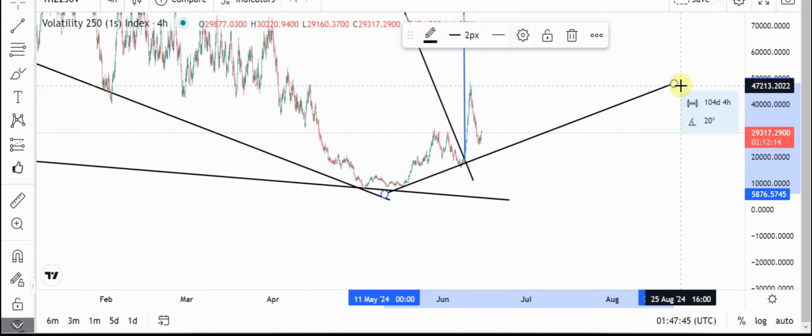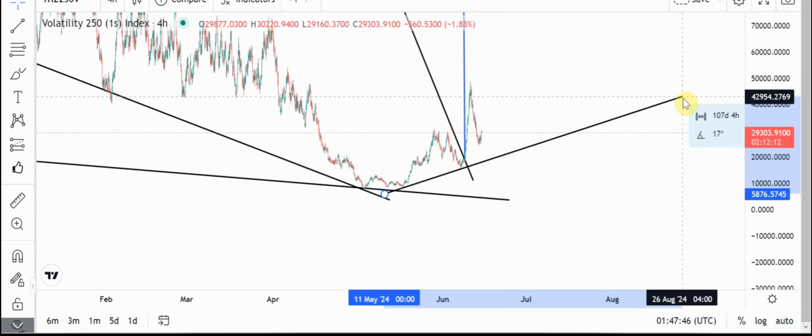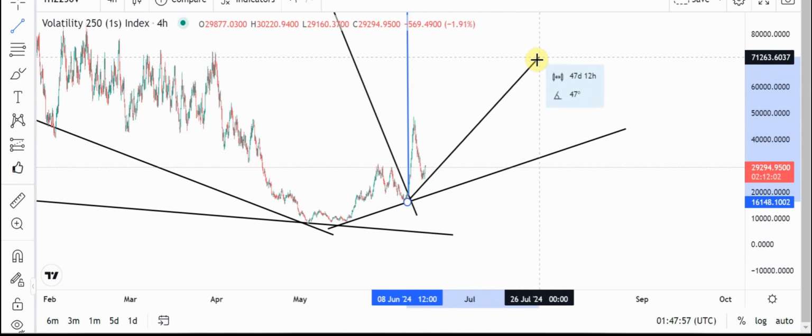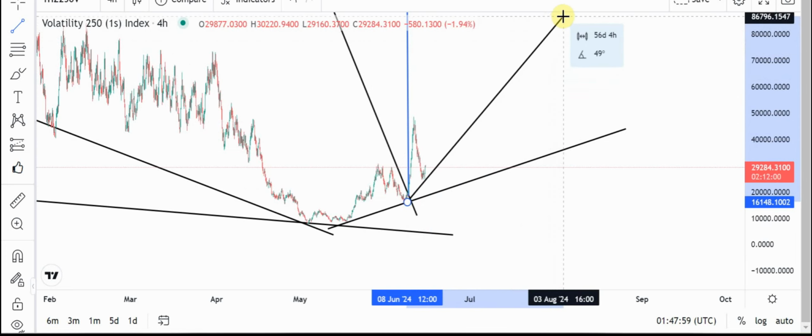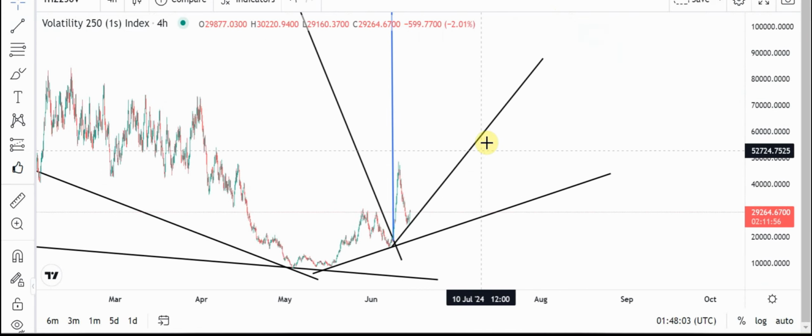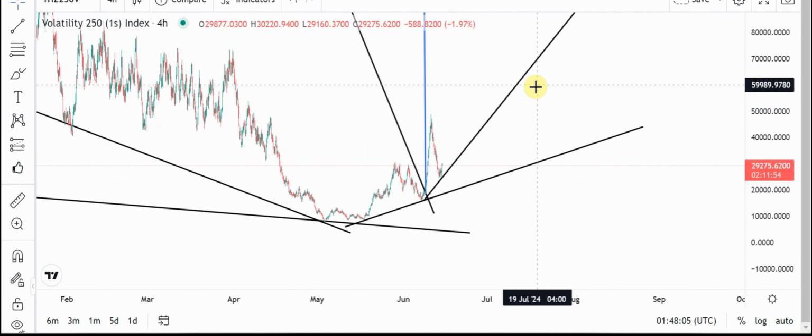We have this trend line being respected, and we have this one to show that there was an angle trend line here. So just put this one here. These are possibilities that are being respected here.